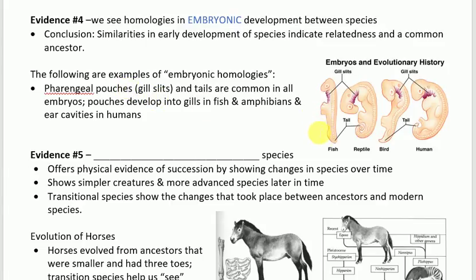And you can see here in the fish, the reptile, the bird, and the human, they are present in every single one of them during embryonic development. So in fish, they obviously develop into gills, and in amphibians and in humans, they actually develop into ear cavities.